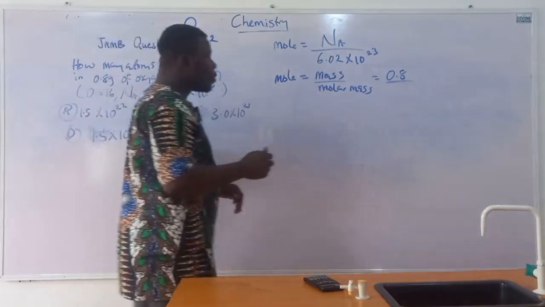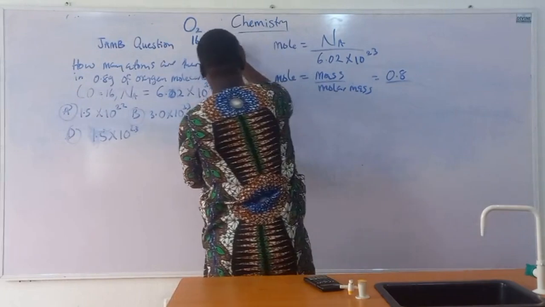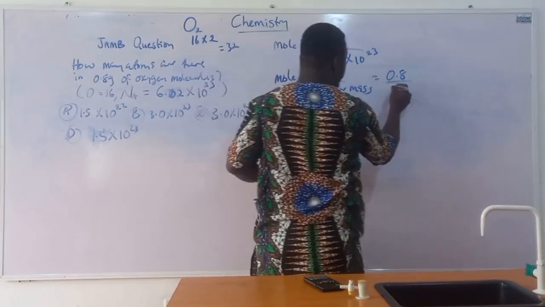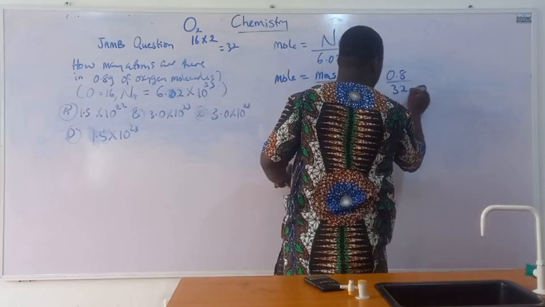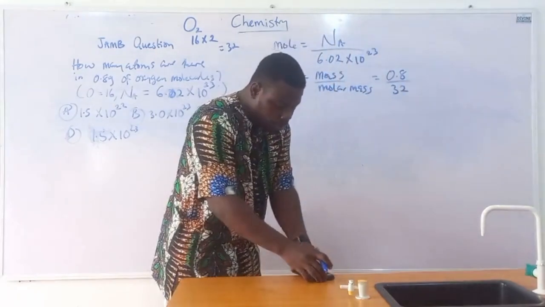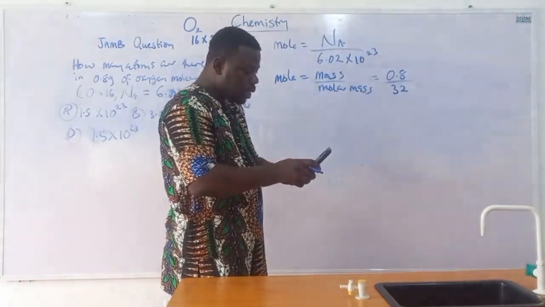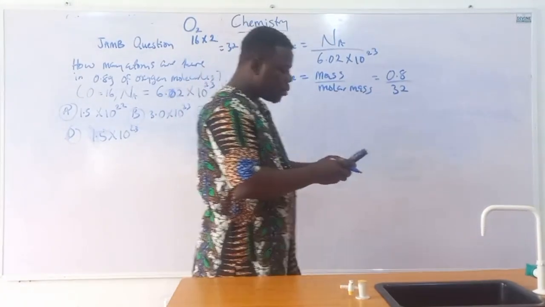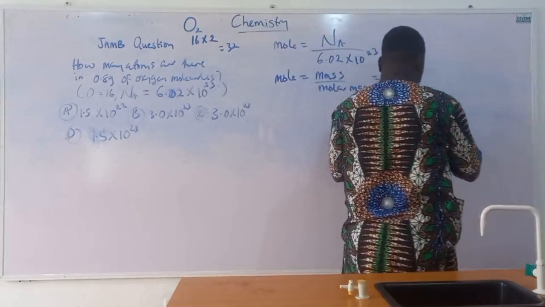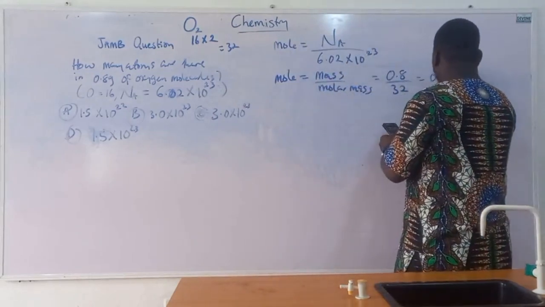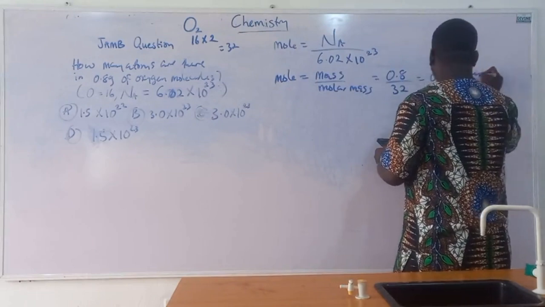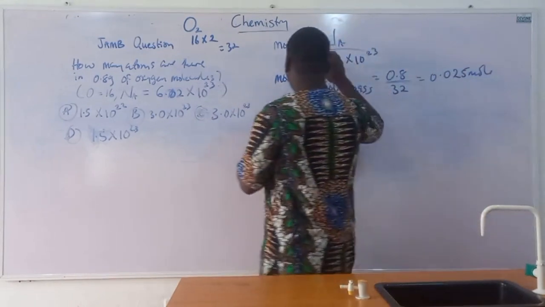So 16 times 2 gives us 32. So therefore this is 0.8 divided by 32. 0.8 divided by 32 is 0.025 mole. So we've calculated our mole.